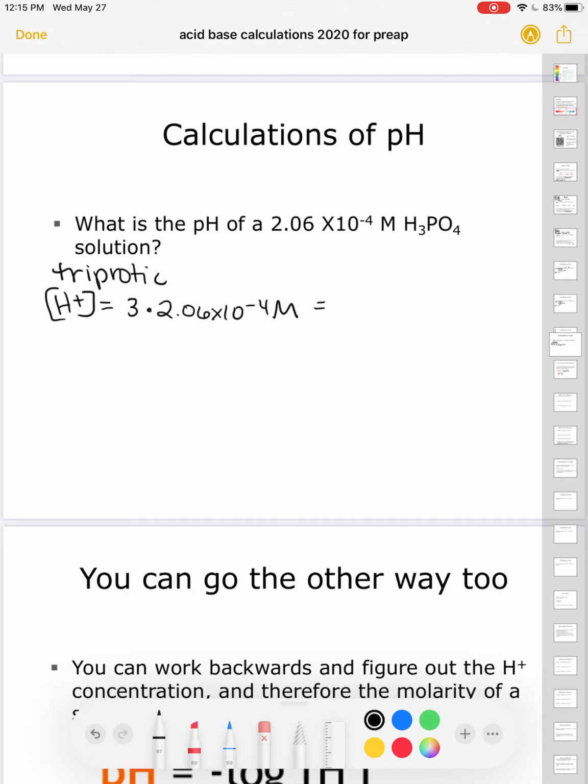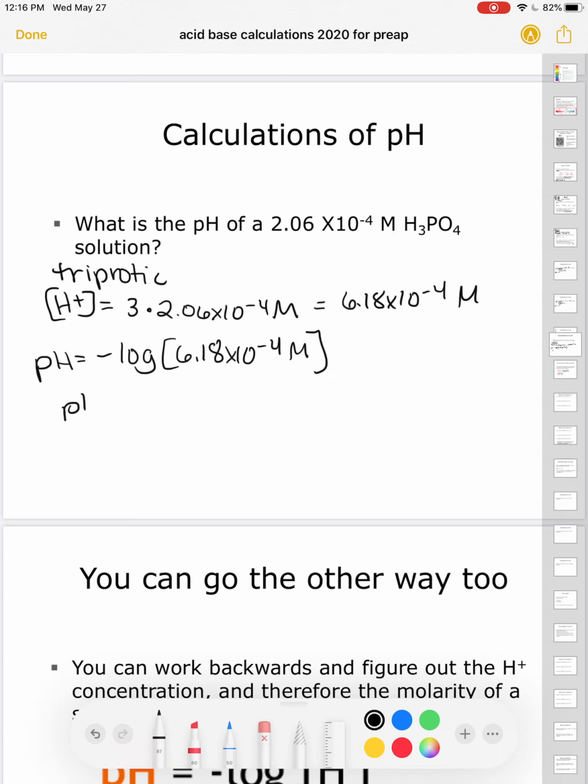So that's going to give me 6.18 times 10 to the negative 4 molar. So my pH is the negative log of 6.18 times 10 to the negative 4 molar, which gives me a pH of 3.21.